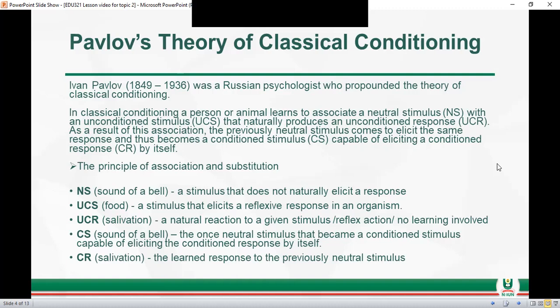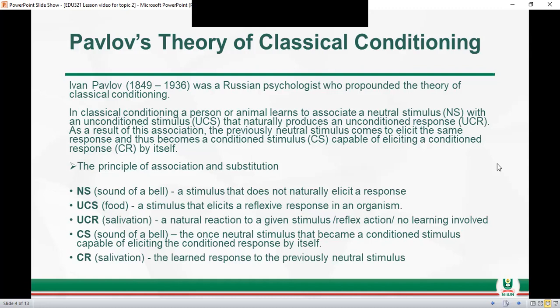And what is classical conditioning? Let me just give you a general background of what classical conditioning entails. In classical conditioning, a person or animal learns to associate a neutral stimulus with an unconditioned stimulus that naturally produces an unconditioned response.